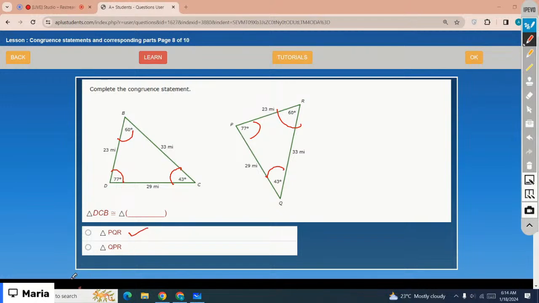The correct option is option number 1. Just match the corresponding angles or corresponding sides, right? Okay, you can complete the lesson by yourself later today. Let me just move on to the next lesson.